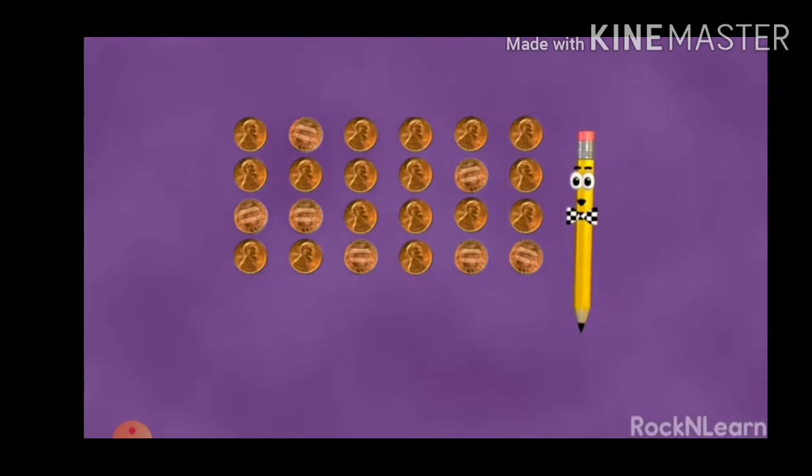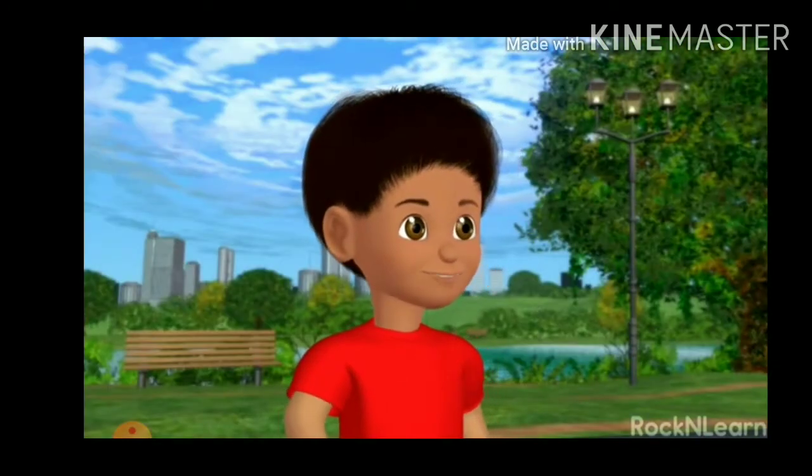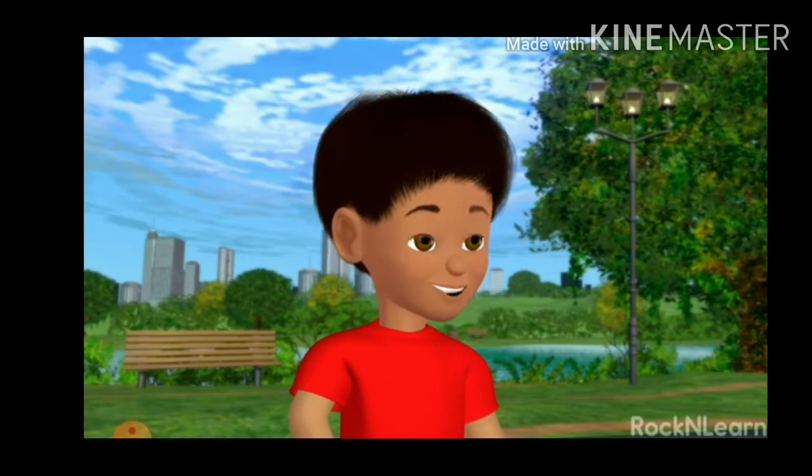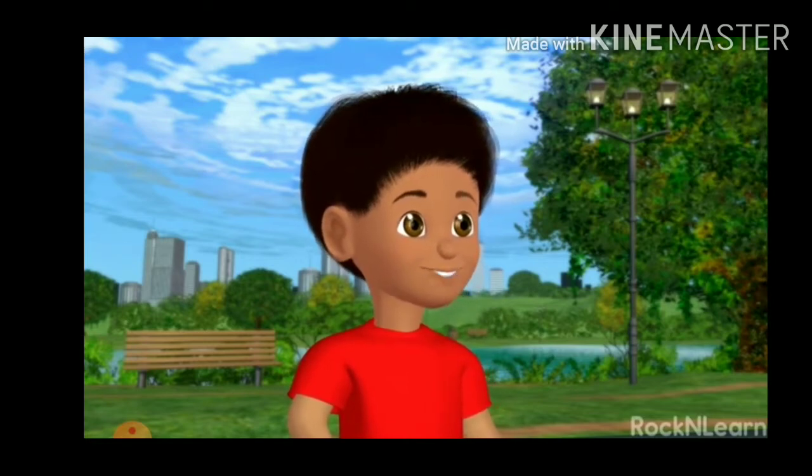But if you know your multiplication facts, a much easier way is to say 4 times 6 equals 24. That is much better. Now I know why it's important to learn my multiplication facts. It can save me a lot of time in the long run.